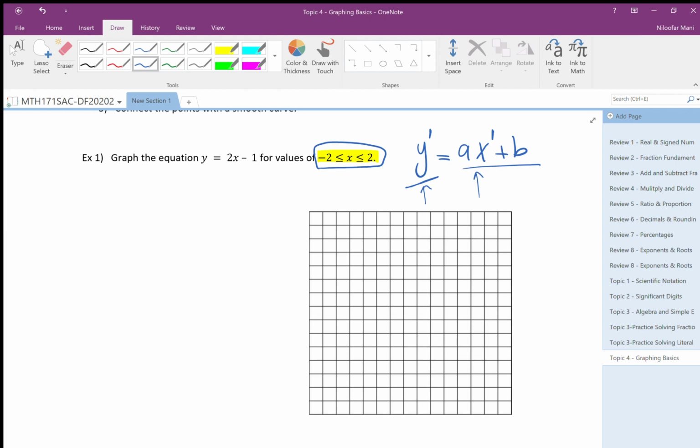If I say xy, it's power 1 for x and power 1 for y, and that's 2 because I multiply them. So when I see y power 1 and x power 1, that's a line. That's a linear equation. That's why I call it degree 1.